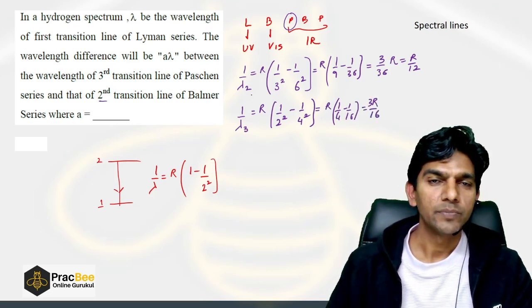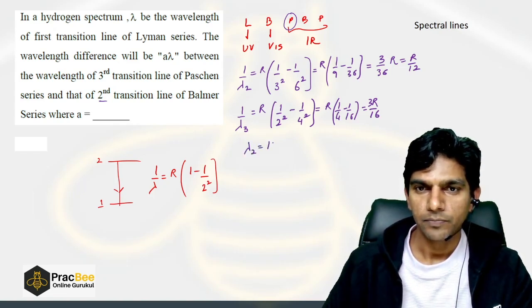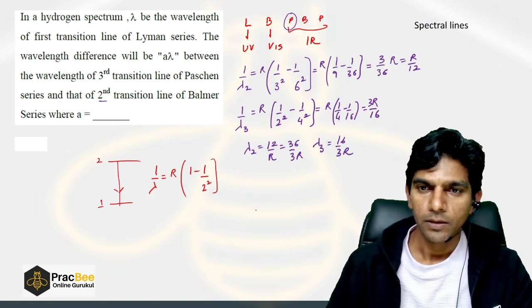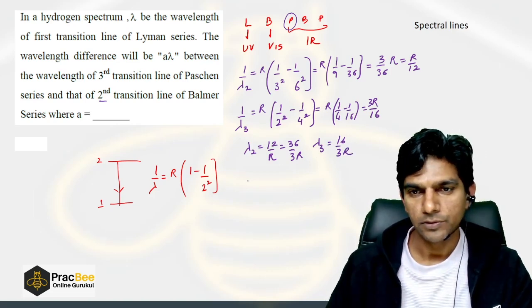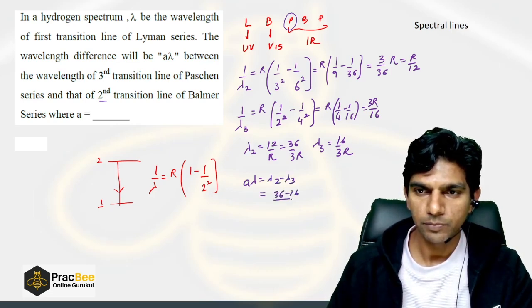Now the difference of lambda 2 and lambda 3 is delta lambda. So lambda 2 is 12 by R, or I can say it is 36 by 3R, and lambda 3 is 16 by 3R. Now the difference of these two is delta lambda. So delta lambda is lambda 2 minus lambda 3, which will be 36 minus 16 upon 3R.